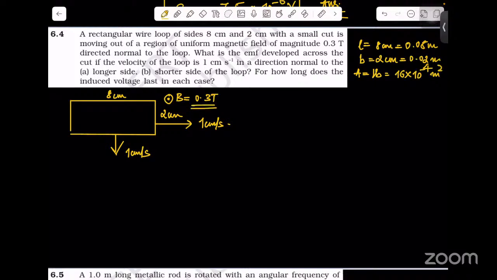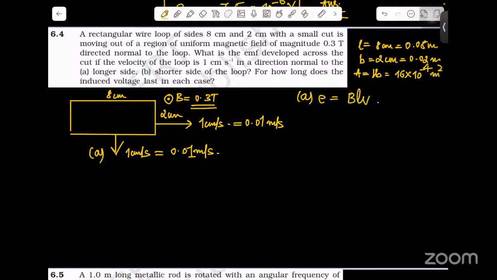And the velocity of the loop is 1 centimeter per second, which is 0.01 meters per second. Now, in the first case, the induced EMF is BLV, right?